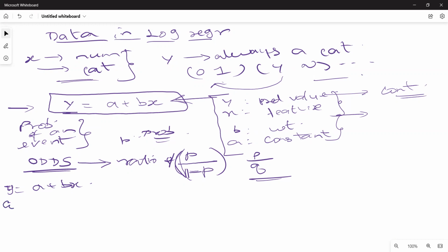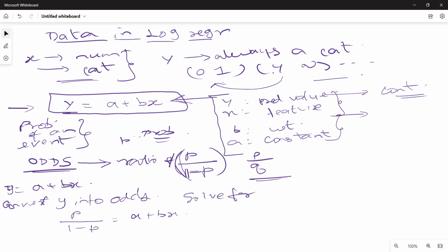So I'm going to convert the y into odds. Okay, so instead of writing y, I will write this equation as p divided by 1 minus p equals a plus bx. Now I need to find out what is the value of p. So solve for p. This is just a little bit of mathematics. I won't get deep into this.